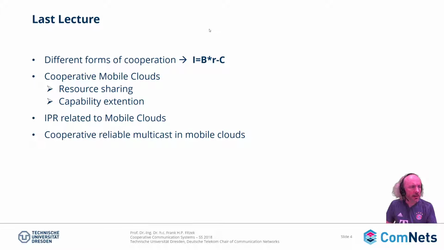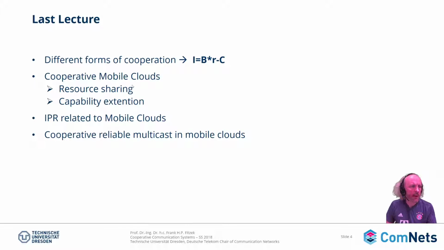Okay, last time we talked about different forms of cooperation, right? From forced cooperation to altruistic cooperation, technically and socially supported or enabled cooperation, thinking about the terms incentive, benefit, and cost with a relative factor R, and still we are looking into these four factors.